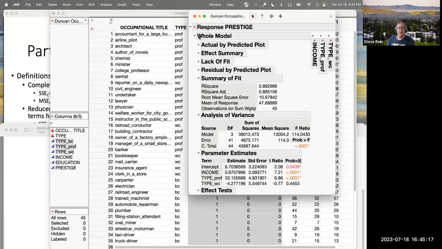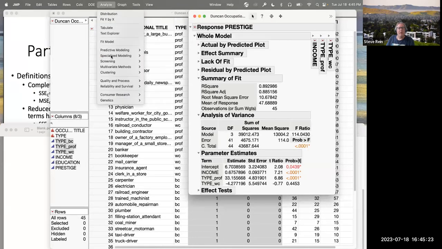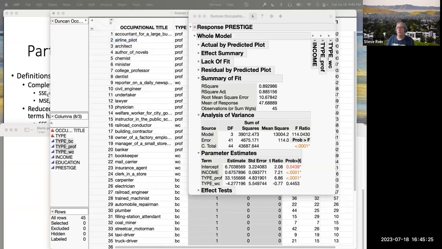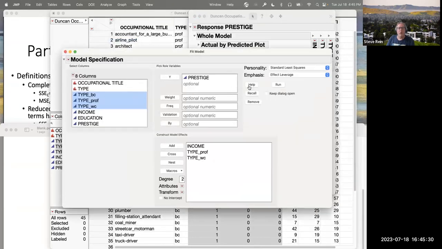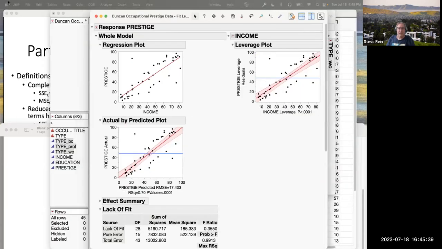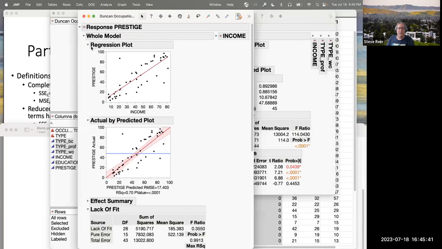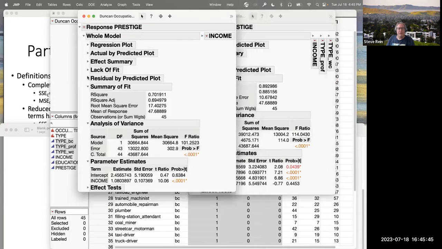If we had fit the model without those two dummy variables, again, under analyze, fit model, drag it over here. If I don't have the dummy variables, I could go ahead and run that analysis. And I have a simpler model that I just fit. It's only got one intercept and one slope.